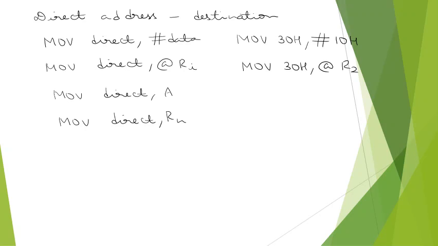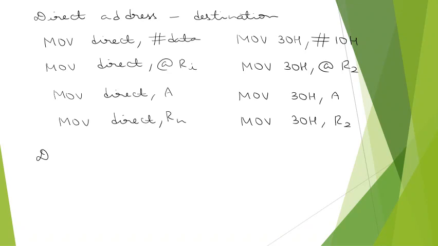So the content in the memory location specified by the register R2 is copied to the memory location 30H. Then we have MOV 30H, A. So the content of accumulator is copied to 30H location. And then we have MOV 30H, R2. So the content of register R2 is copied to 30H memory location.